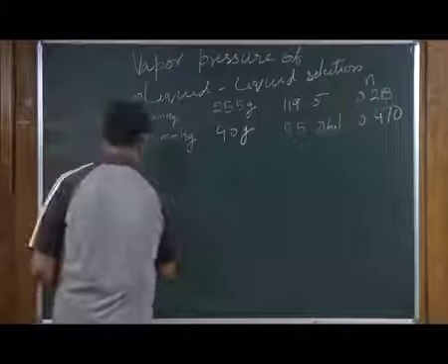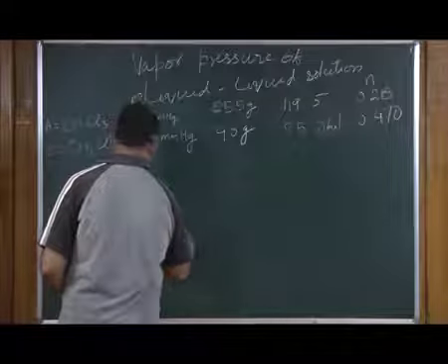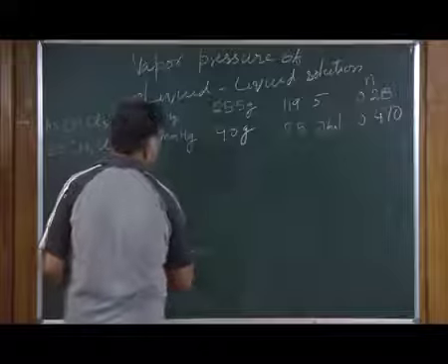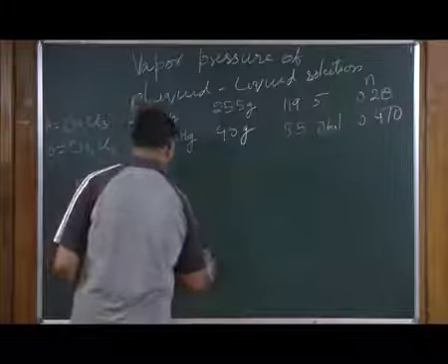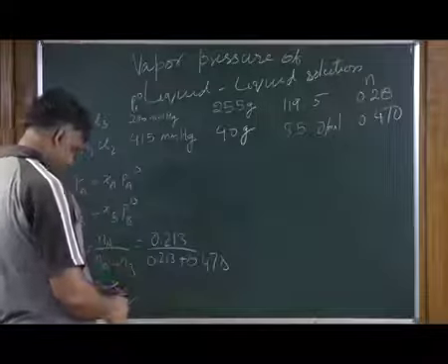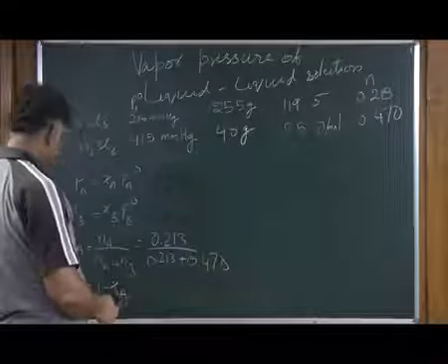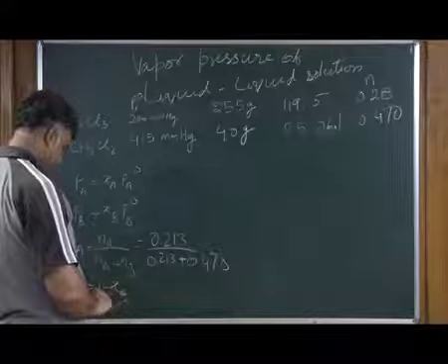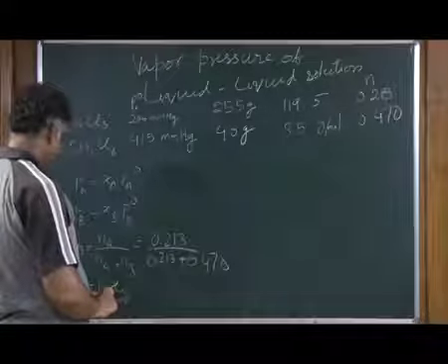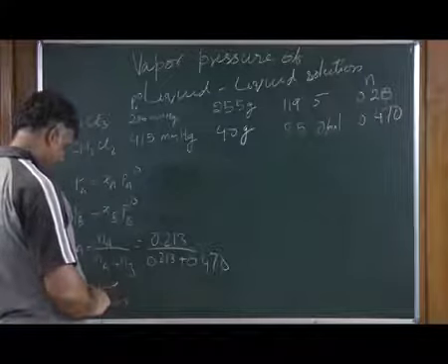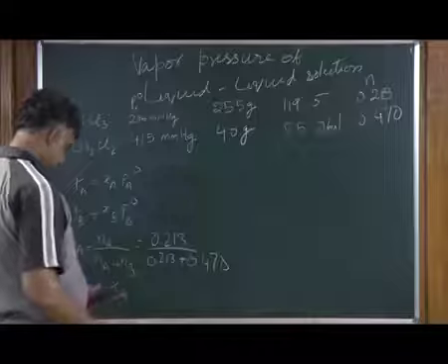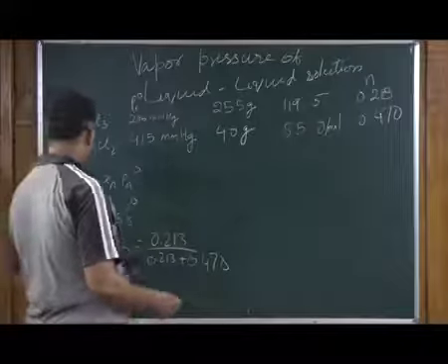NA is 0.213 divided by NA 0.213 plus 0.470. So, using the calculator, 0.213 divided by 0.683, I get the answer 0.312.